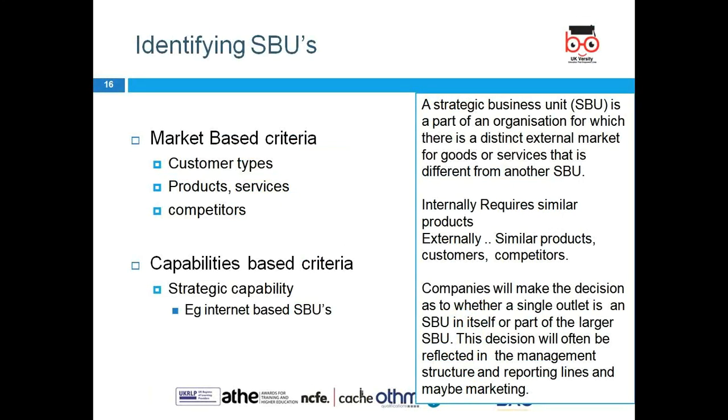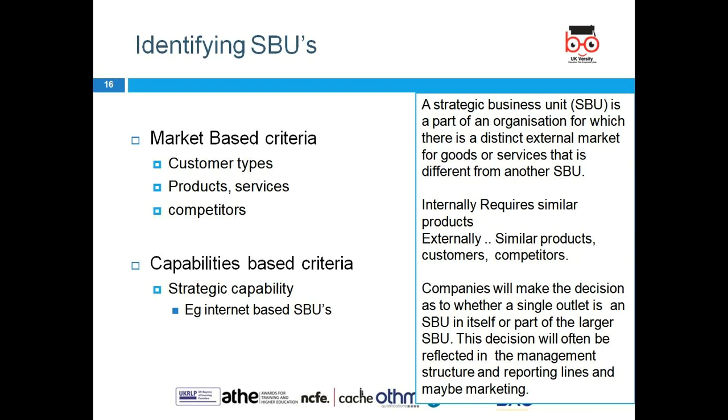Identify the market based on criteria: customer type, product, and competitors, and capabilities based on strategic capabilities, internet-based SBUs. Maybe we never sold online before, but due to COVID-19 we now need to focus more online.